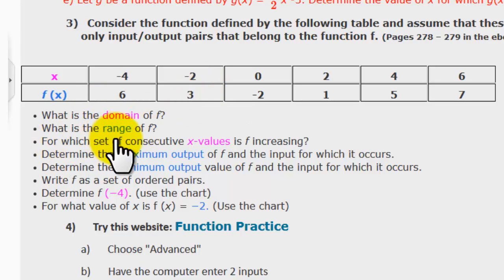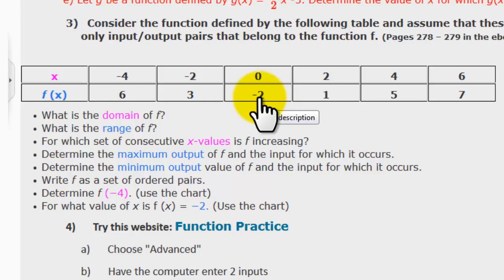So when they ask for which set of consecutive x values, meaning for which set of all these values here in this top row, is f increasing? Meaning 6 to 3 goes down, so that doesn't work. Where x is -4 and -2, the f of x is decreasing. 3 to -2 is decreasing, so it's not there.